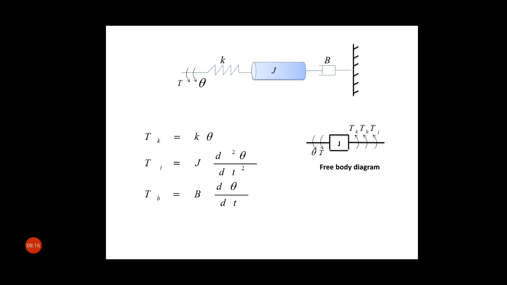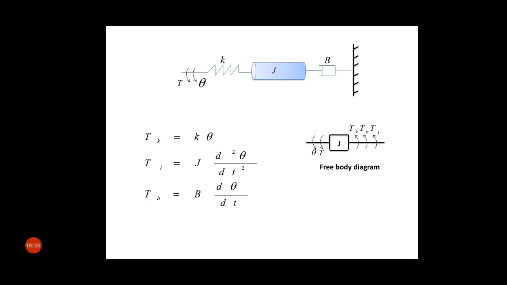Now we will see how to draw a free body diagram of a rotational mechanical system. The first step is to assume the direction of rotation of the mass, or the direction of the applied torque, as the positive direction.